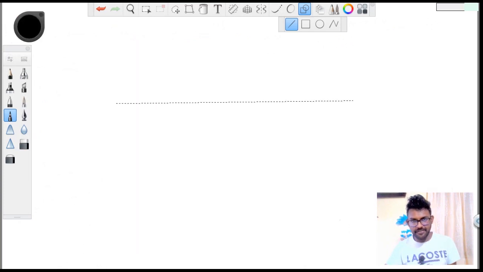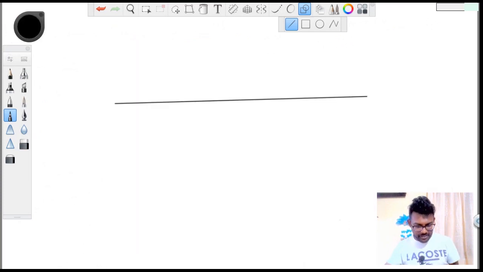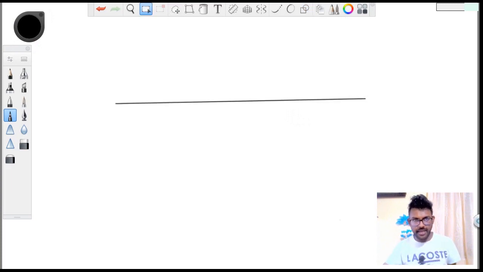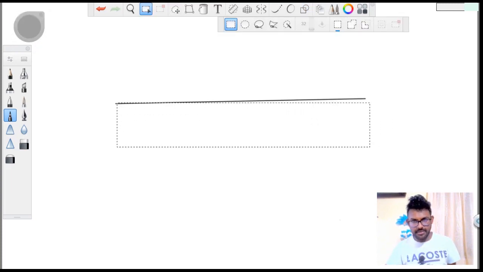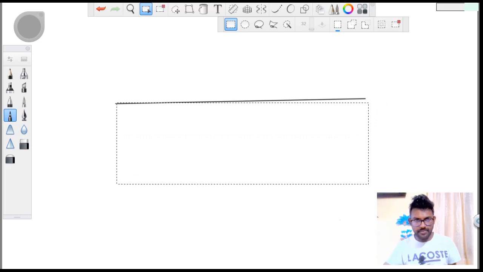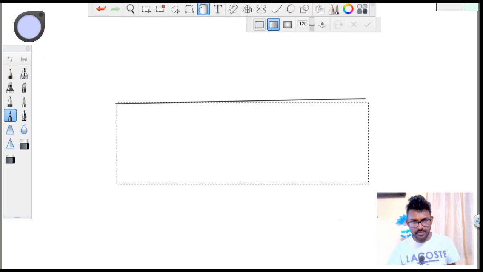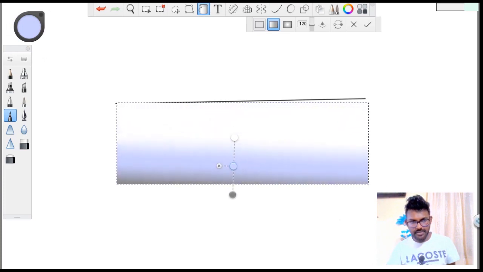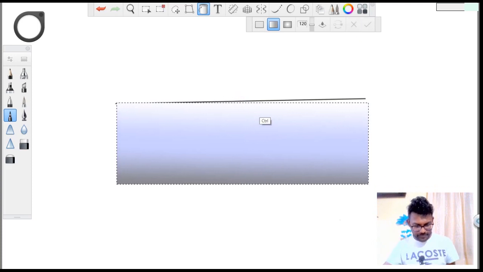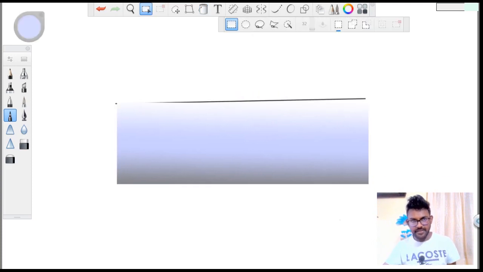Let's say now this is a certain interface where you have water or something below, and we have this interface, right?